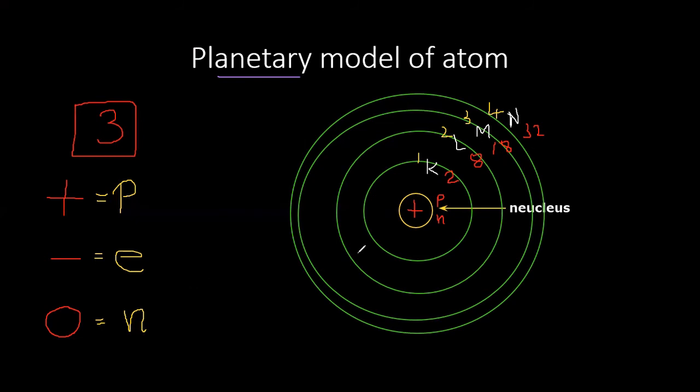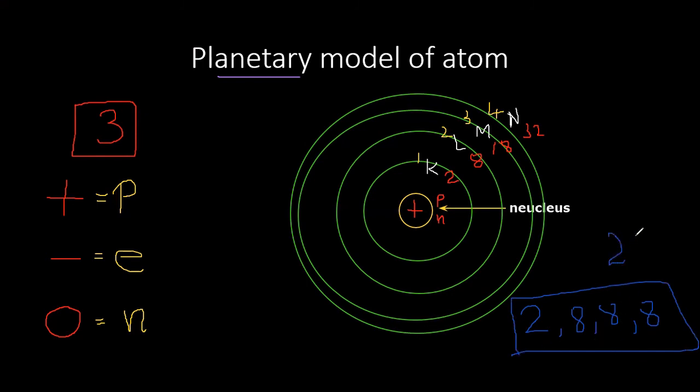And a little thing I have to add here is, now you are in school, you are going to learn the electronic configuration as 2, 8, 8, 8. Here in K, 2, L 8, M 8, N 8. But this is not the maximum number of electrons. This is because you are going to learn only 20 elements in the periodic table.